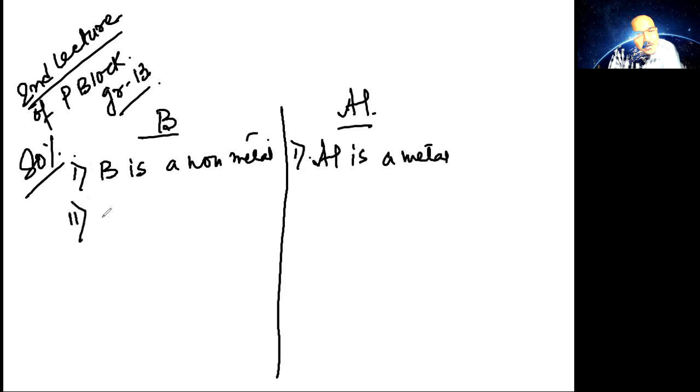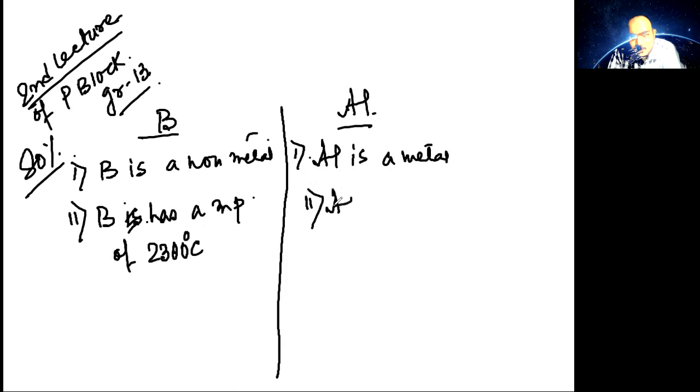Number two, boron has a melting point of 2300 degree centigrade. Aluminium has a melting point of 600 degree centigrade.